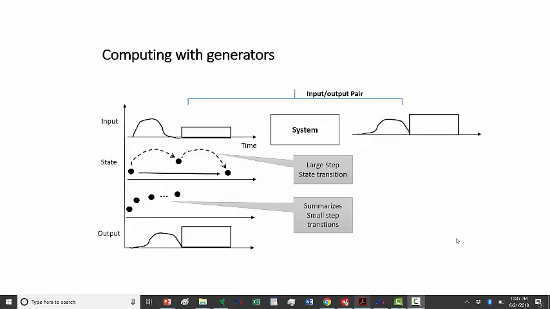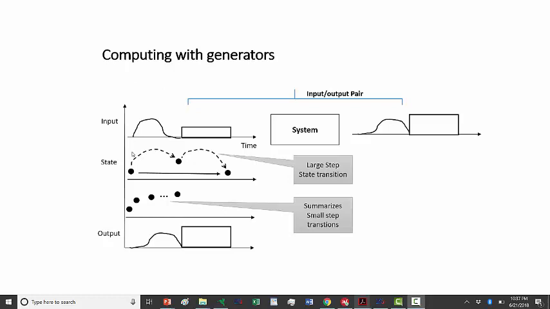Now, how a dynamic system or input-output system handles a stream of input generators to produce a stream or segment of output generators is the essence of describing the behavior of a system, and it can be considered the formal representation of computing with generators.